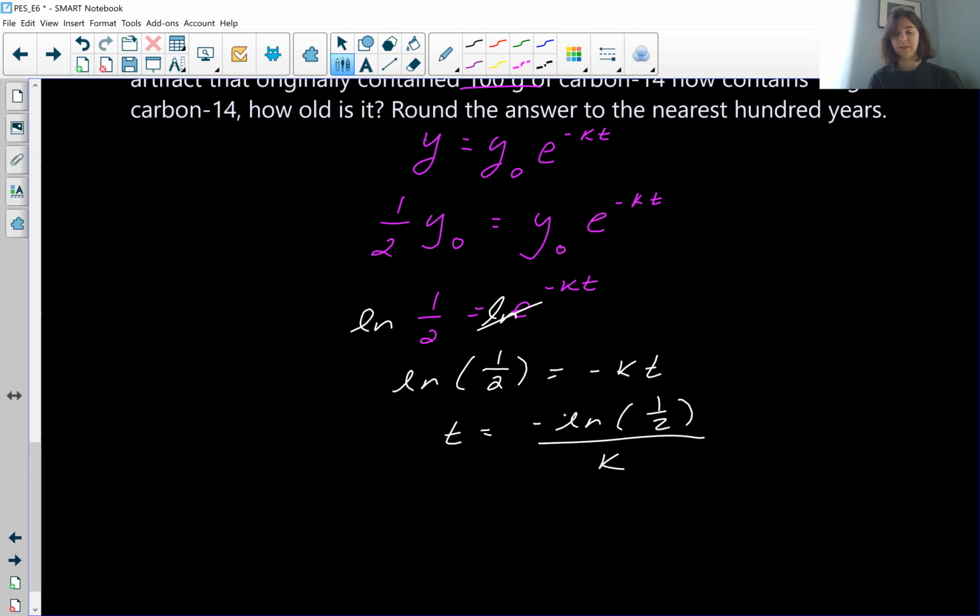I just divided both sides by negative k. And that actually equals the natural log of 2 over k. The reason is because 1/2 is equal to 2 to the power of -1. And we know, according to the power rule, if we have that exponent, we can multiply it out in the front. So we're left with that 2 in the parentheses, and then the -1s cancel each other out, and we're left with natural log of 2.